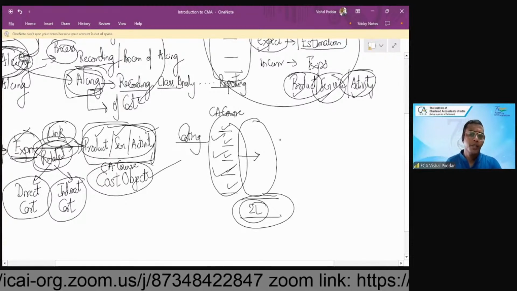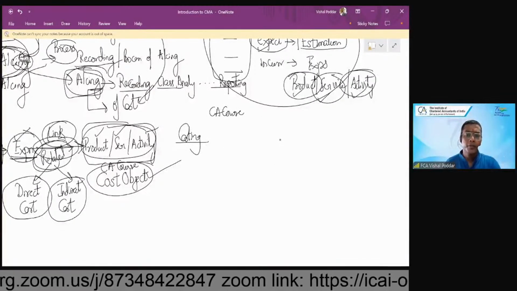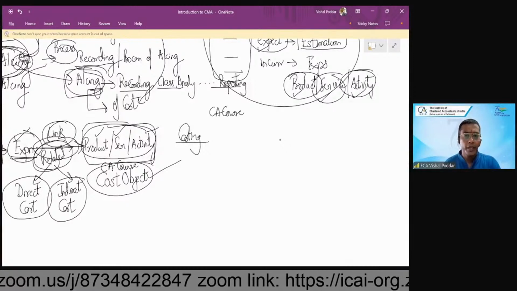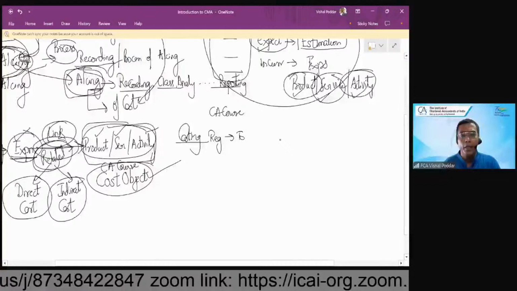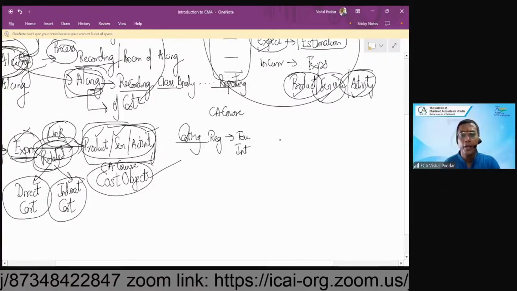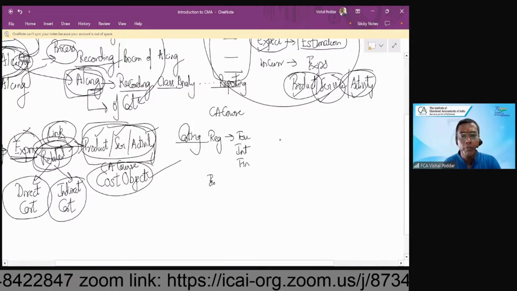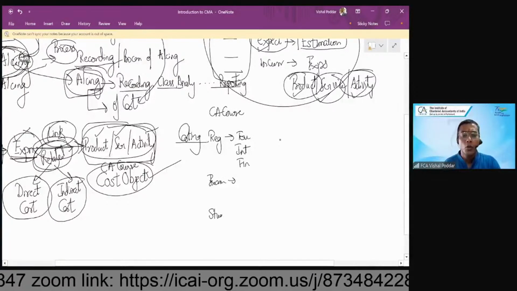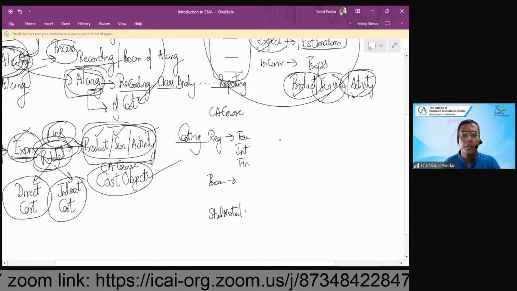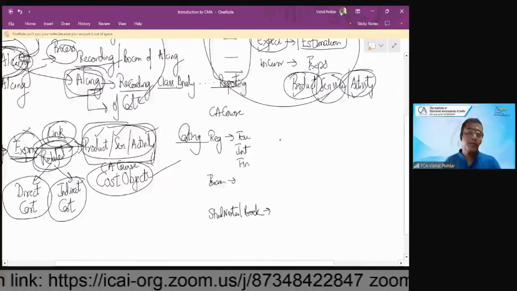Again, we'll take the example of the same cost object, that is our CA course. Now, when I have to do costing, as I said, what are my steps? I will list down, I'll identify the expenses. So I'll say, okay, my expenses are registration, it is my foundation, it is my inter, it is my final. Then I may have the exam expense, I may have some study notes or extra reference books. So I have a list of expenses.